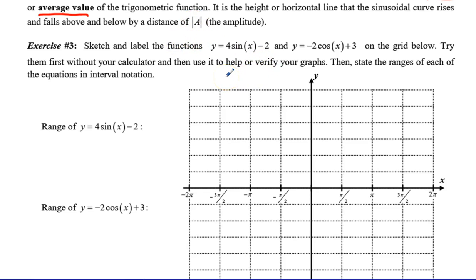Okay, so I'd like you to make a couple graphs here. I'd like you to make the graph of 4 times the sine of x minus 2. Again, I would recommend plotting the line -2 here first, thinking about what your original graph of sine looks like. Okay, so hopefully you know the sine graph starts at the origin, makes that shape.